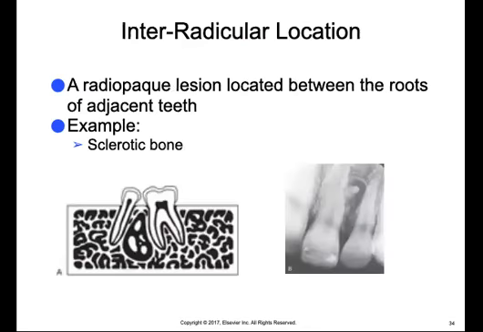An interradicular location refers to the area, again, between the roots of adjacent teeth. An example of a radiopaque lesion found in an interradicular location is sclerotic bone. And then we can see what that looks like: the pattern is here, and then a practical image here of what that would look like in an X-ray.